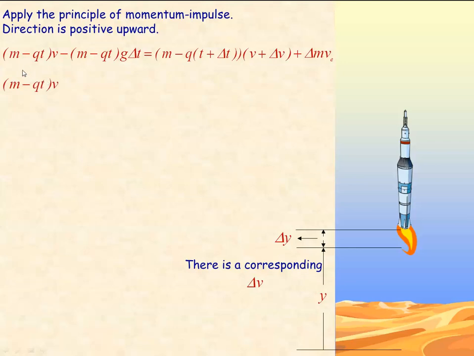We expand this out to be minus (M minus QT) times V, and then minus (M minus QT) times G times delta T. Now we're going to expand this term out here mostly.